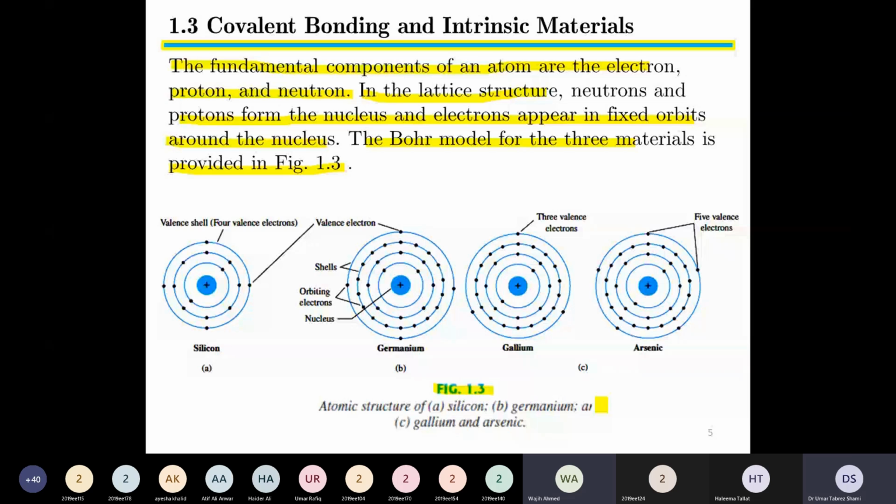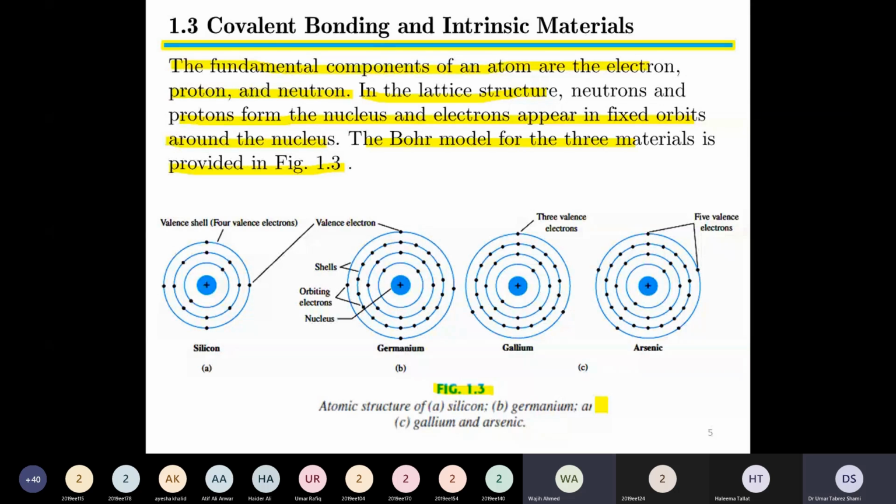In germanium, we also see 4 electrons in the valence shell, and there is an opportunity for adding 4 more electrons. But again, when we add 4 more electrons, the germanium atom will not be neutral. It will have a net negative charge.